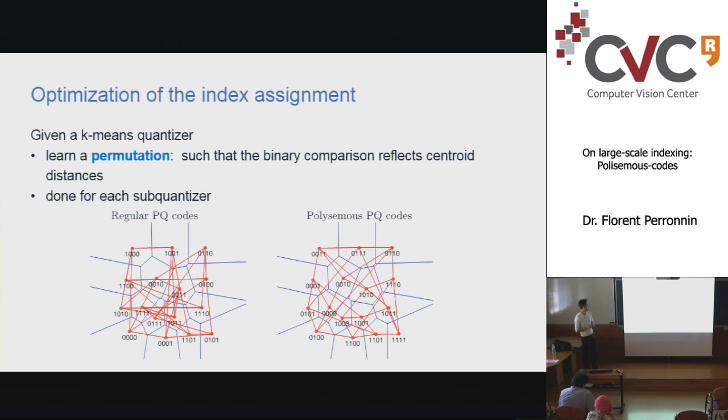While what we would like to achieve, and what we achieve with the polysemous codes, is that we shuffle. The structure is exactly the same. The partition of the space, the centroids are exactly the same. What we just change here is the index assignment. We shuffle these index assignments so that those centroids which are close in Hamming space are also close in the original unquantized space.